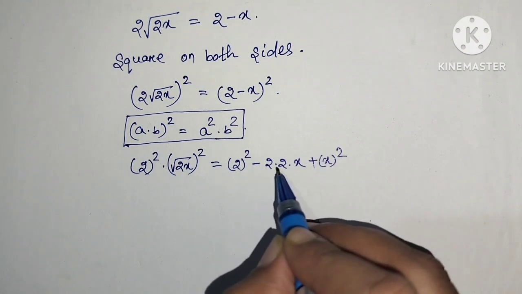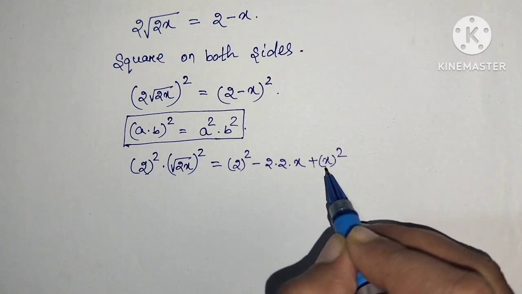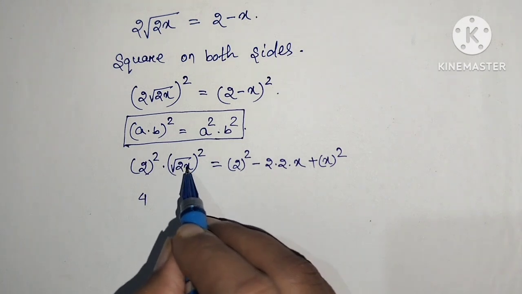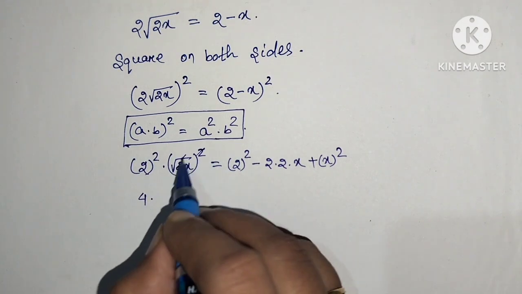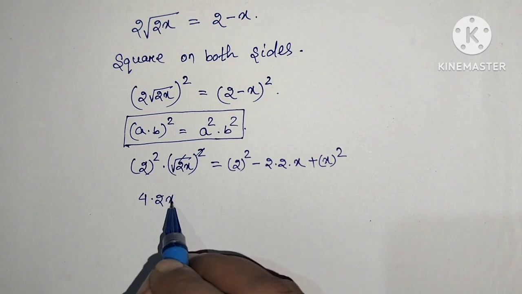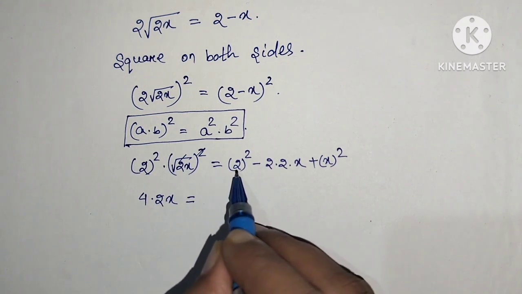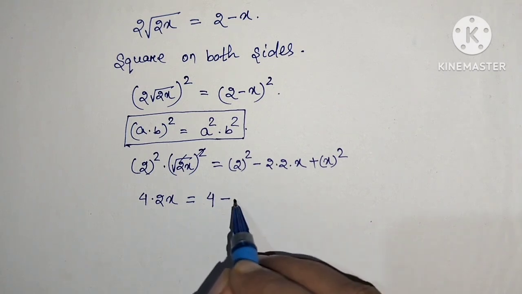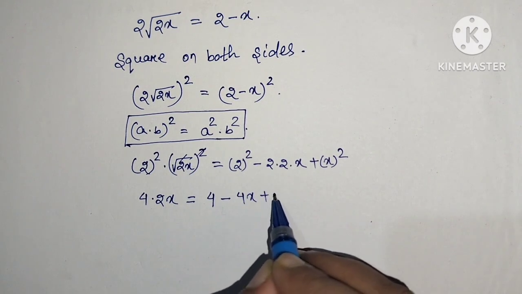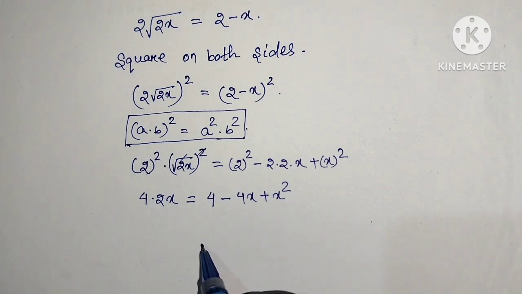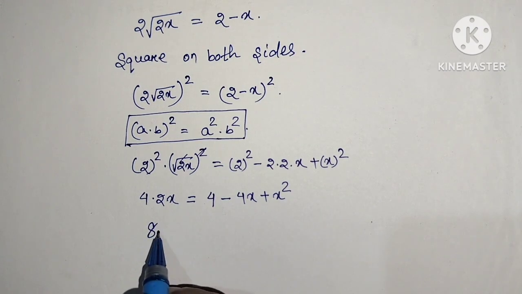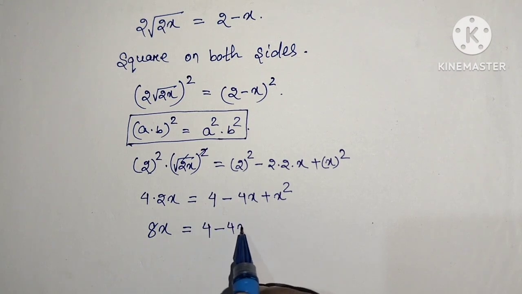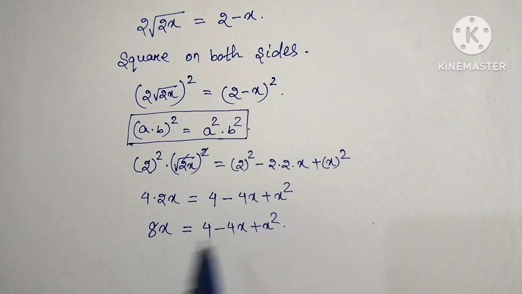Then 2 square is 4. Root of 2x square is 2x, the root is cancelled. Then 4 into 2x, it is 8x, is equal to 4 minus 4x plus x square.